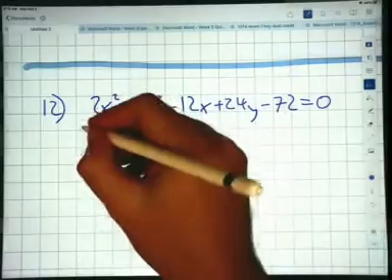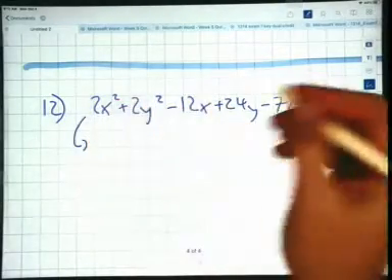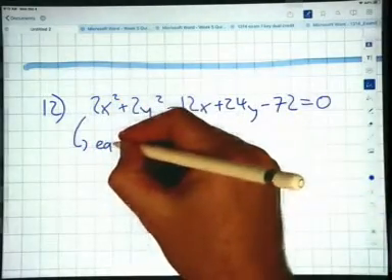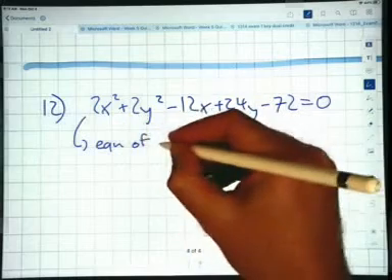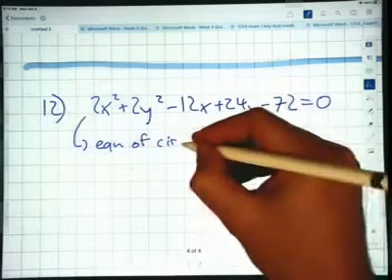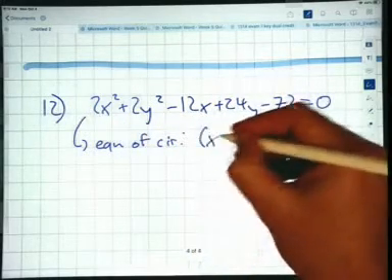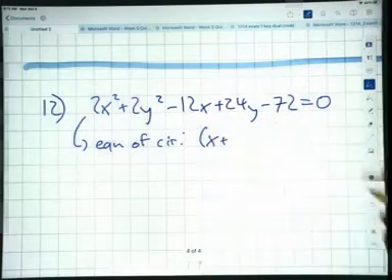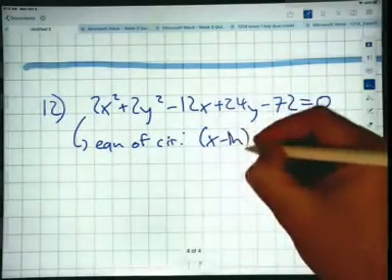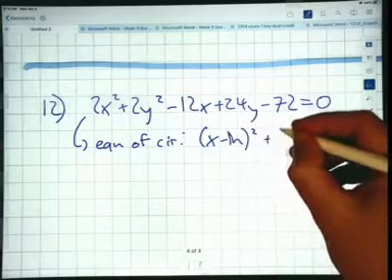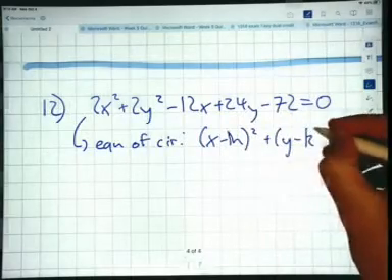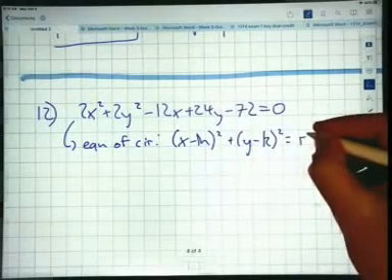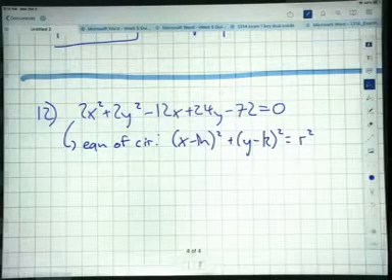Basically, we want to take this equation and get the equation of the circle in our standard form: x minus h quantity squared plus y minus k quantity squared is equal to r squared. That's the goal.